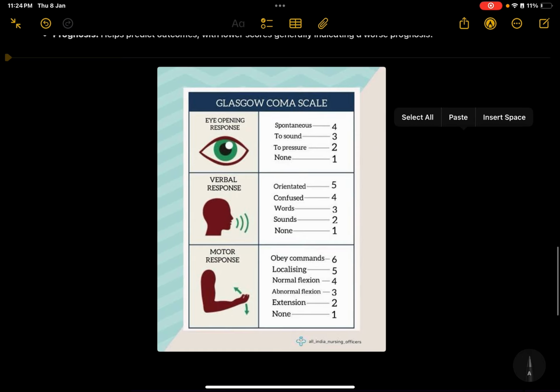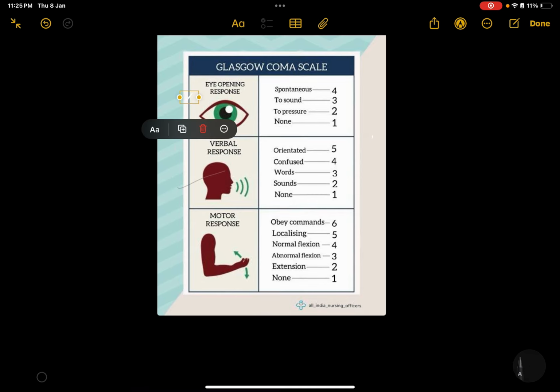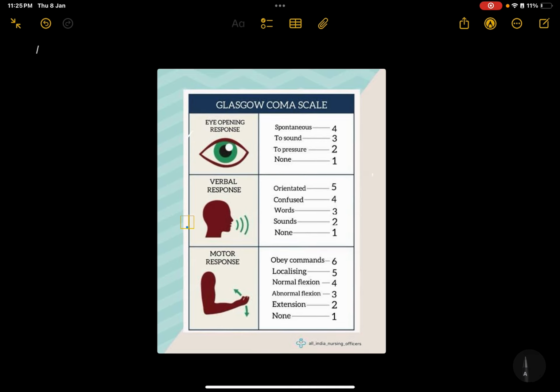So now I'll explain the GCS scale. There is eye response, verbal response, and motor response, as I told you earlier. In eye opening, if there is spontaneous eye opening, you give a score of 4.